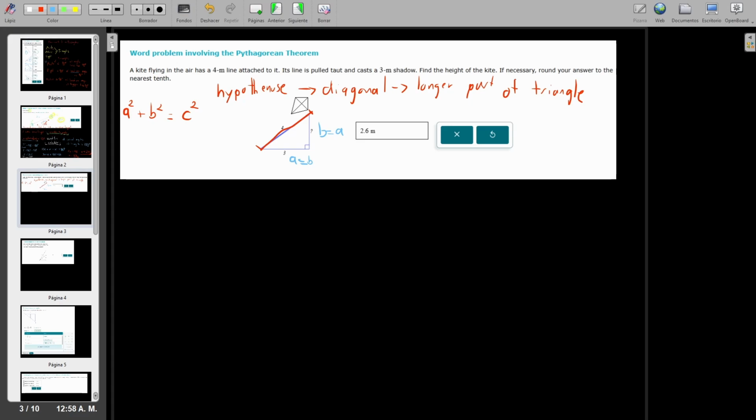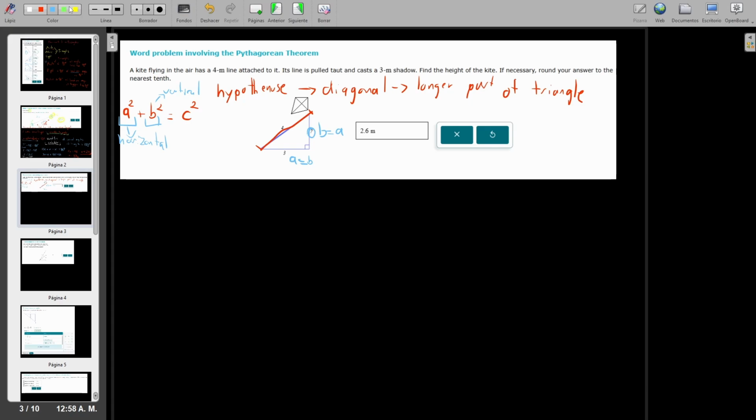It doesn't matter that much because they're going to be a sum of these two. But just put this one to the horizontal and this one to the vertical side, please. Now, as you can see, they are asking us to solve for the value of this side, in this case b.